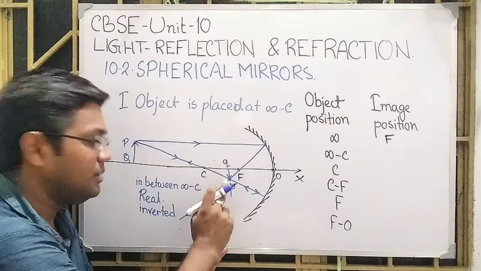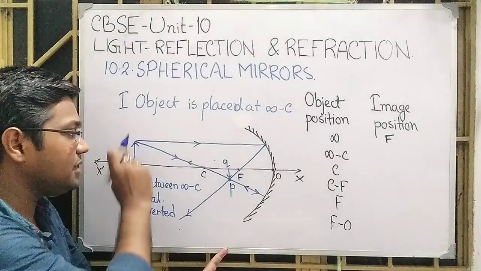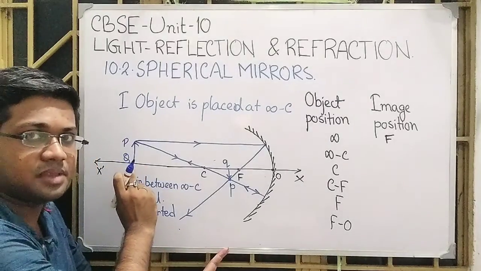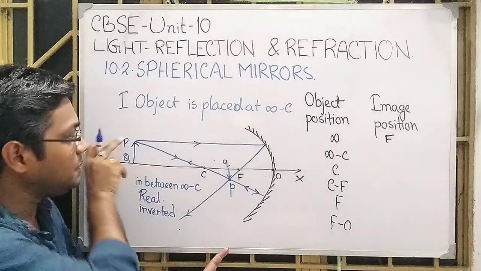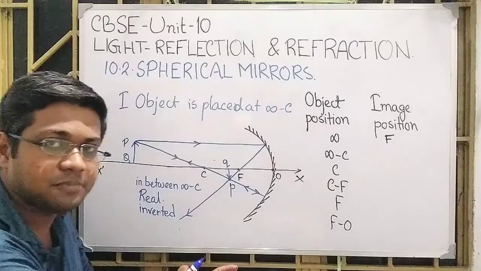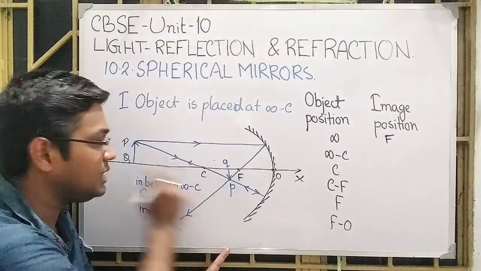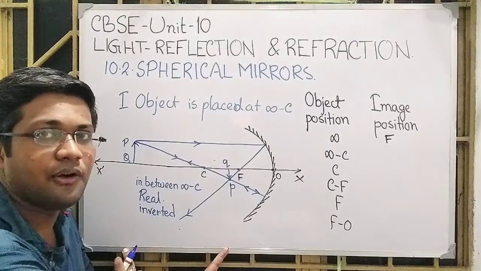Next is about the size of the image. So it is evident from the diagram. If it is the size of the object, the size of the image is less than that. Its size is small compared to that of the object.